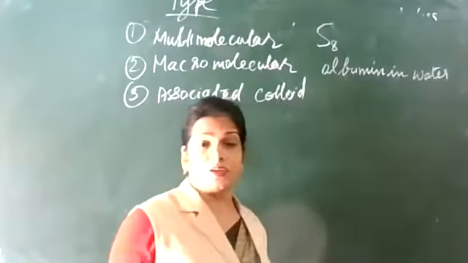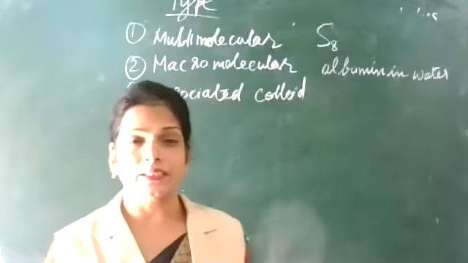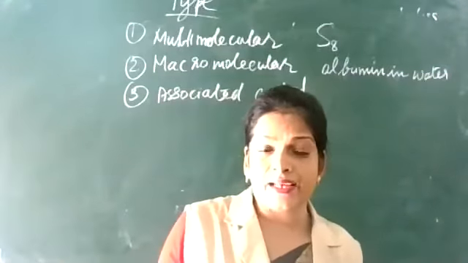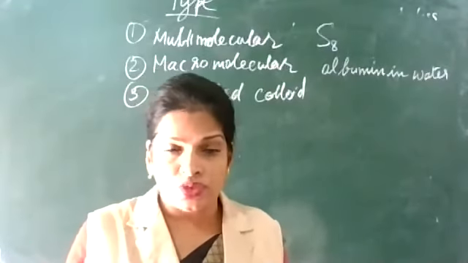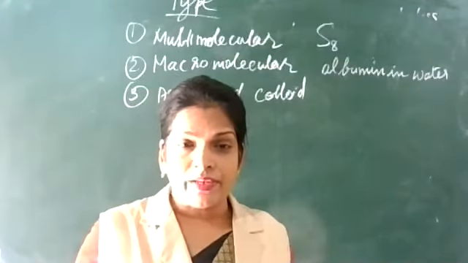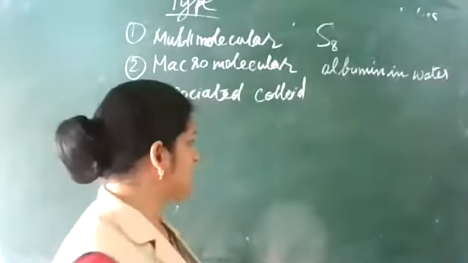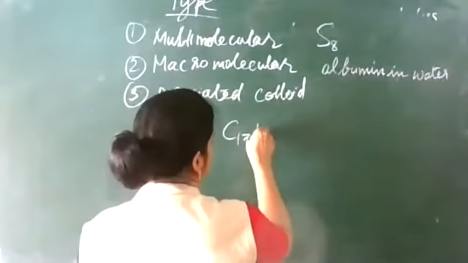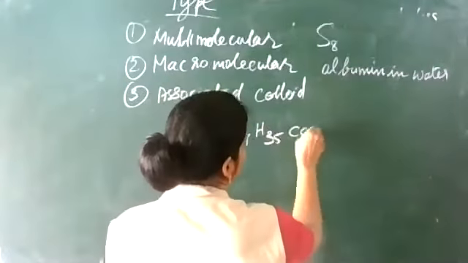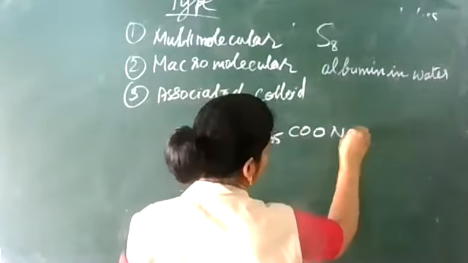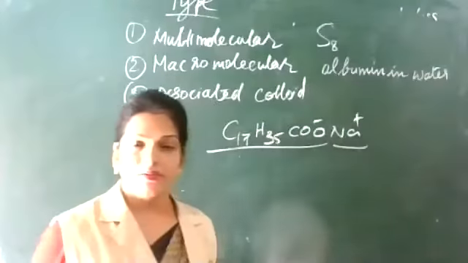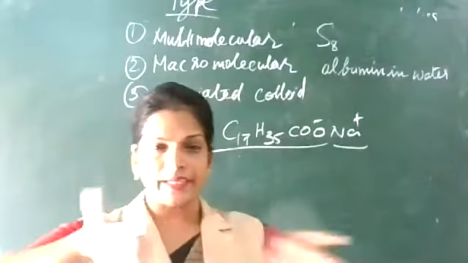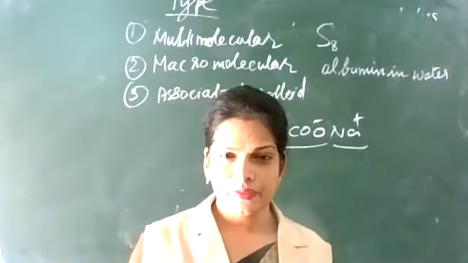Now, associated colloids. Associated colloids means they are like soap molecules. Soap molecules have a long chain. When soap is put in water, for example, C17H35COONa, this one is minus and this one is plus. When this is put in water, positive and negative portion gets separated.